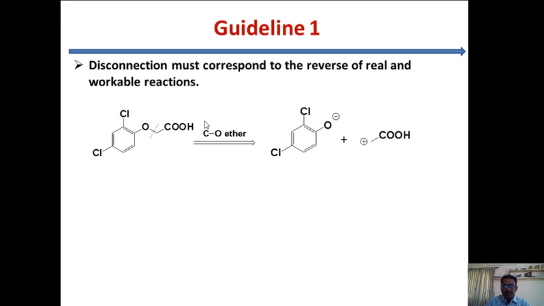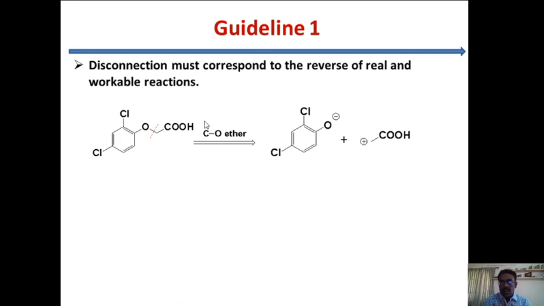So how do you choose a bond when you are given a molecule? How to start? The first point is, suppose you are breaking a bond, that bond should be formed when you do the forward synthesis, so that you choose the right bond. The breaking of the bond should be a reverse of a real and workable reaction.